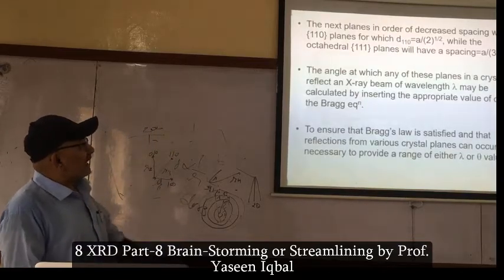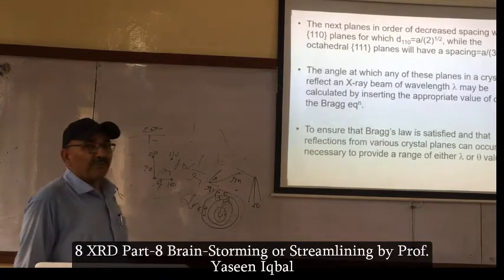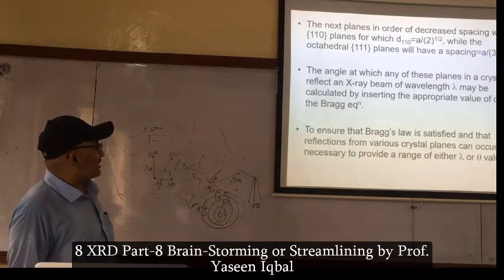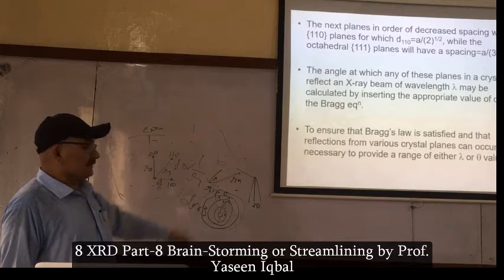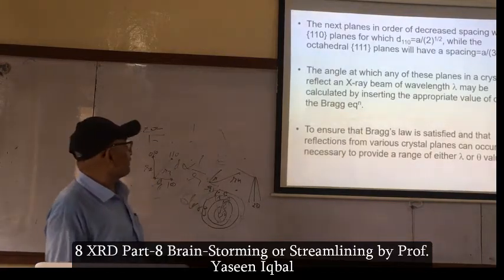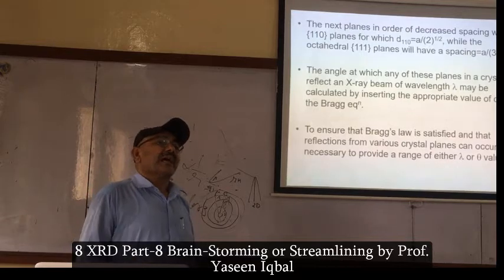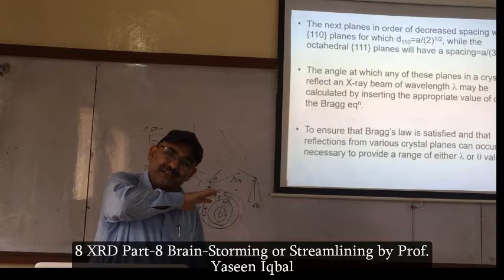The angle at which any of these planes in a crystal reflect an X-ray beam of wavelength lambda may be calculated by inserting the appropriate value of D into the Bragg's equation. So if you know about D and A, you can measure theta.